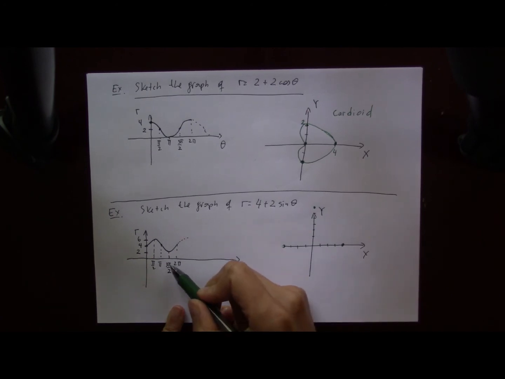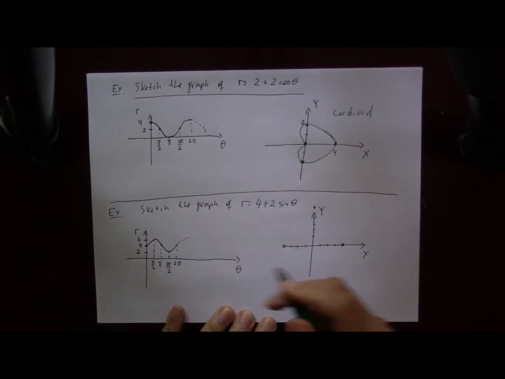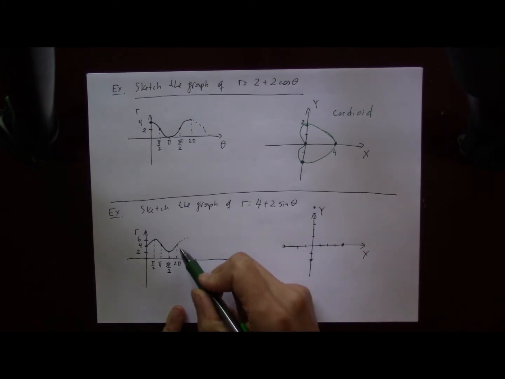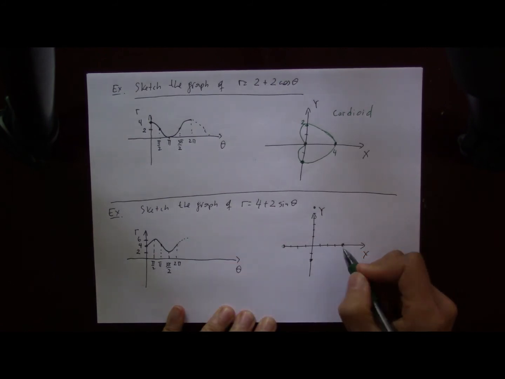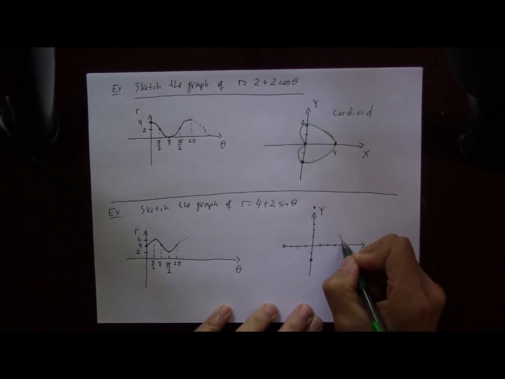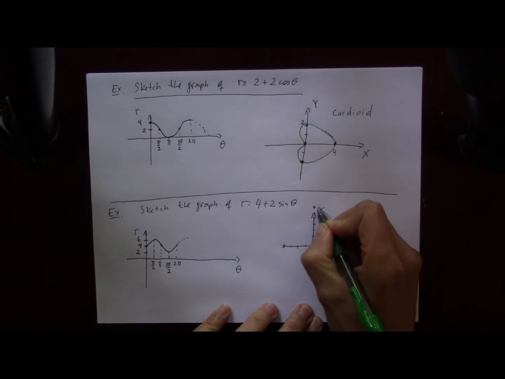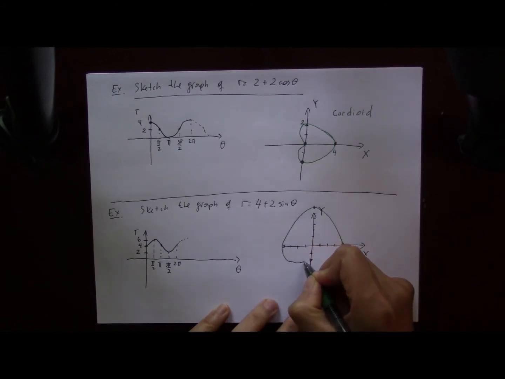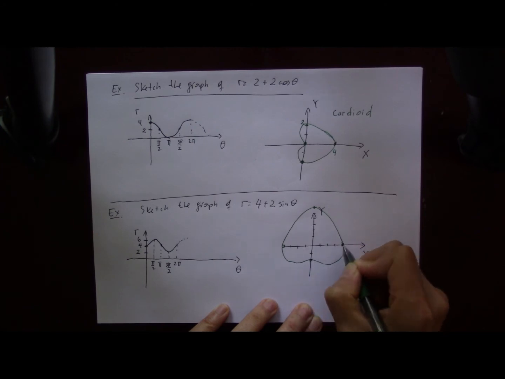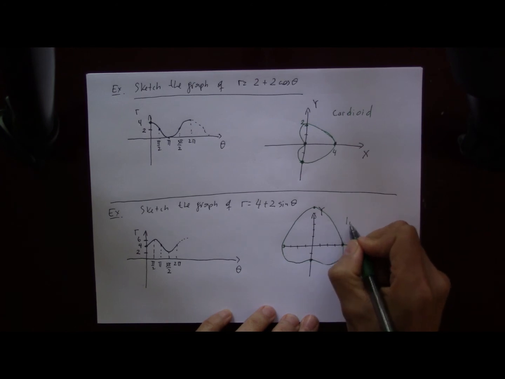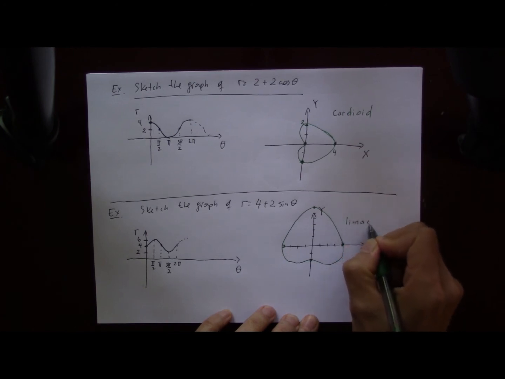And then at 3 pi over 2 it's 2. And at 2 pi, back to 4. So we're going to sketch our curve, which is going to look something like this. So that's how the curve is going to look, and that is a so-called limaçon.